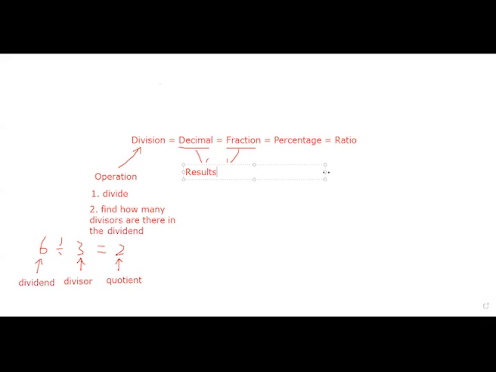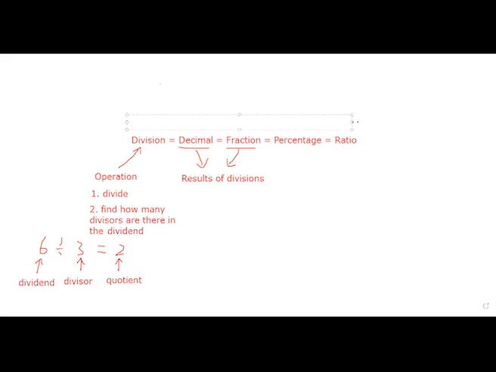They are the results of division. So when I ask you, okay, what is 2 divided by 3? Or what is 1 divided by 2? Let me write this here.